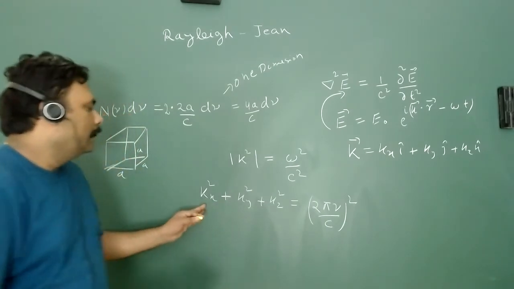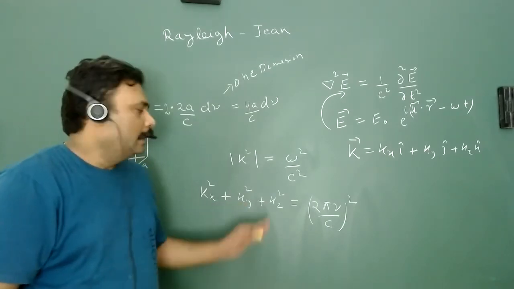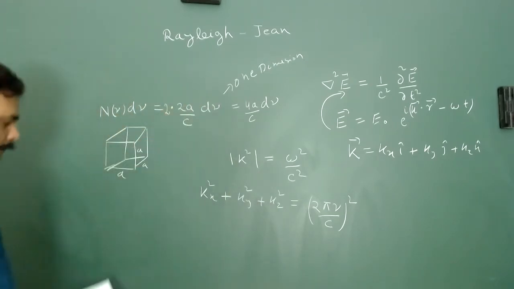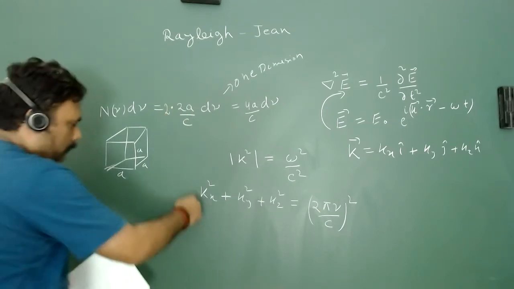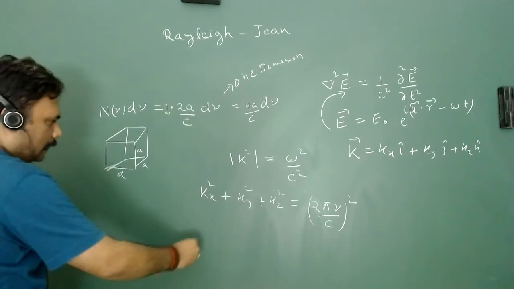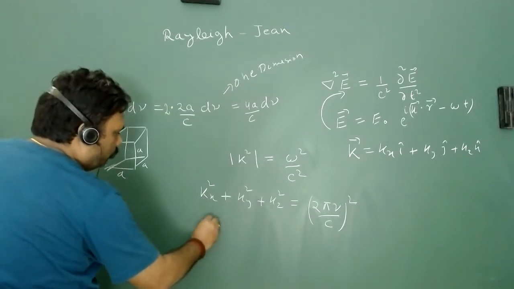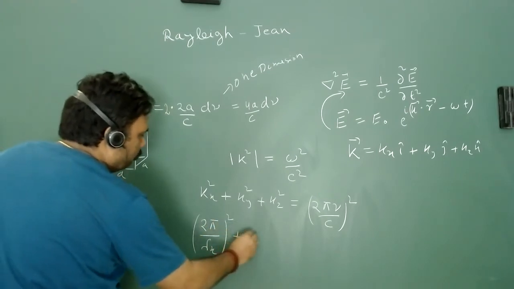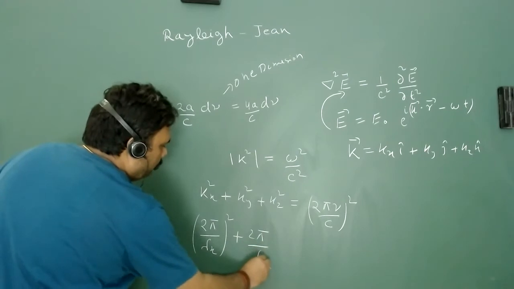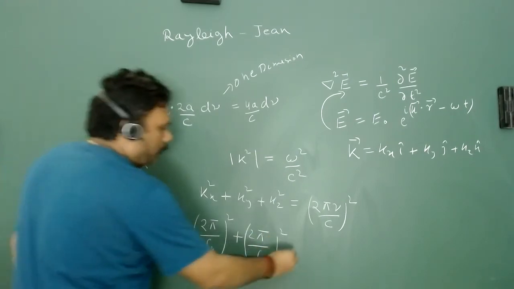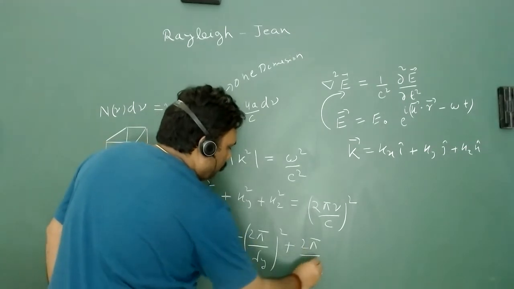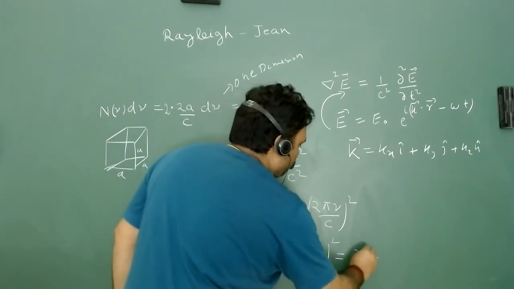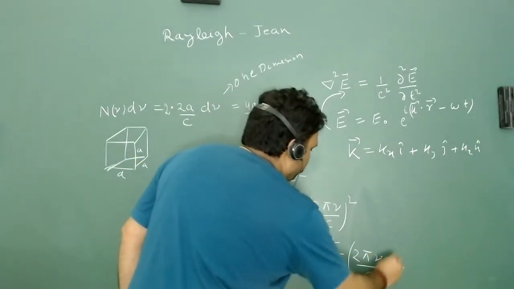We can independently calculate kx, ky, and kz, as we have calculated in one dimension. Before that, we will write in terms of lambda. So this will be (2 pi upon lambda x) whole square plus (2 pi upon lambda y) whole square plus (2 pi upon lambda z) whole square is equal to (2 pi nu upon c) whole square.